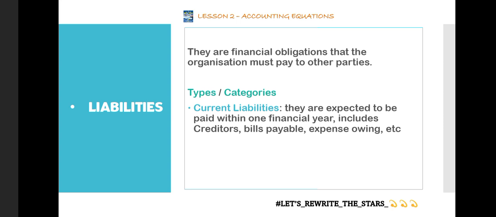Examples include creditors. Creditors are the people that sell to us on credit. That means we purchased items from them without paying, so they are expecting that within a financial year, we come and fulfill that payment and give their monies back to them.